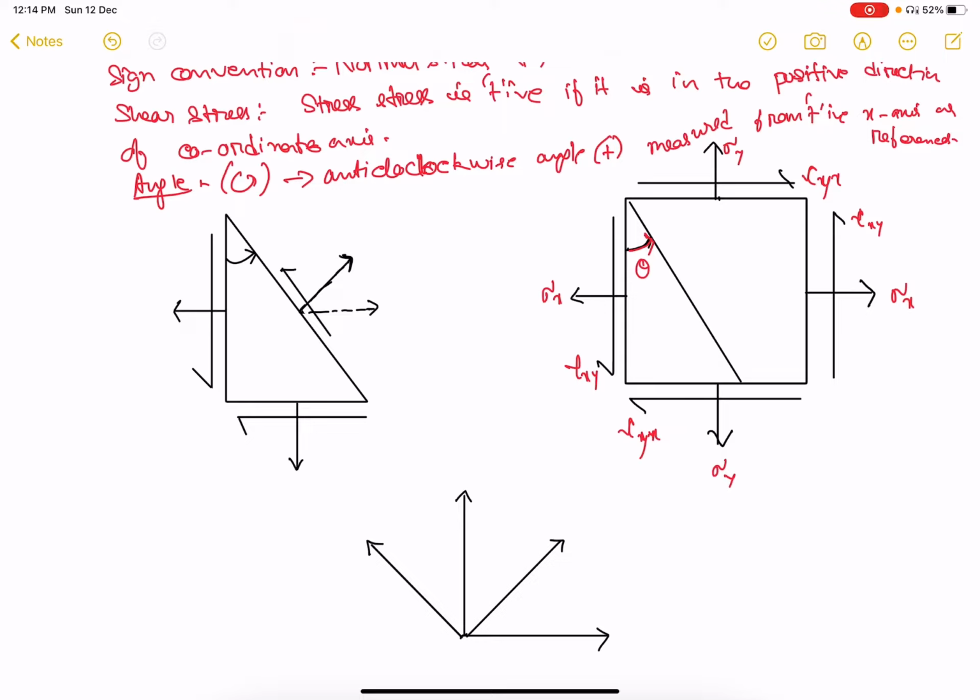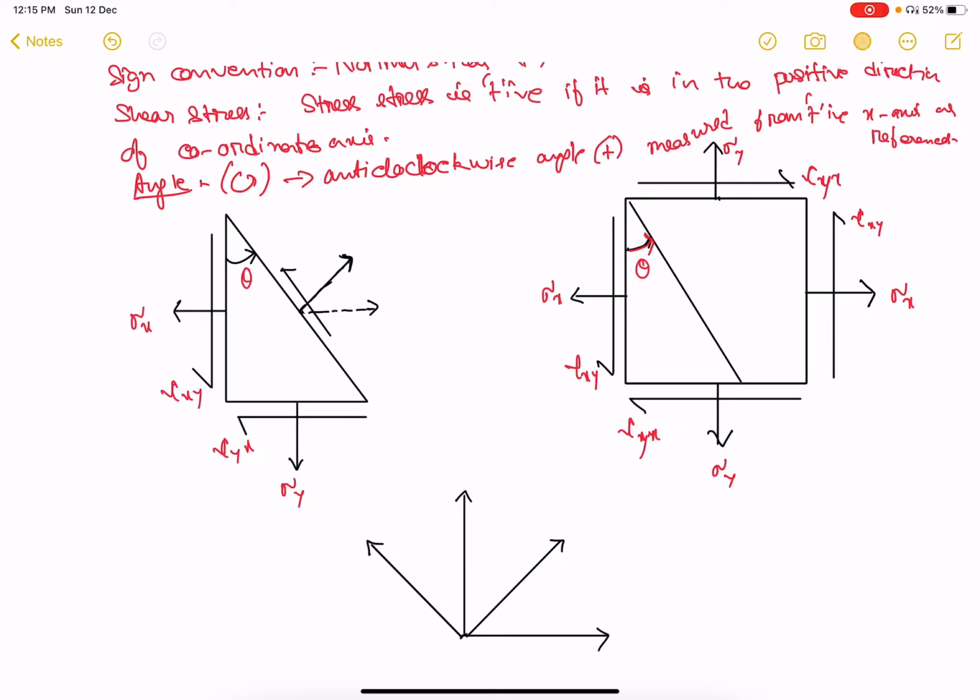Now this angle is theta and it is measured in the anticlockwise direction, so this inclined angle is positive. Similarly, if we draw the free body diagram of this portion only, we have sigma x, sigma y, and tau yx or tau xy, and this is theta.